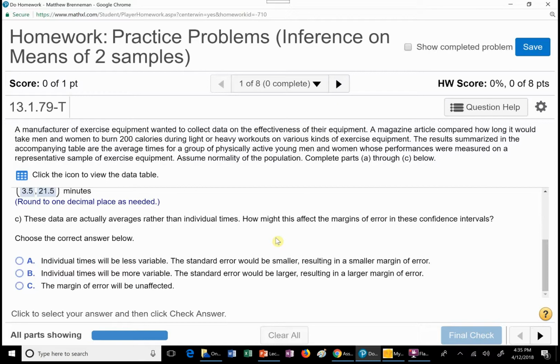This one's tough, whether it's a two-tail or a one-tail.